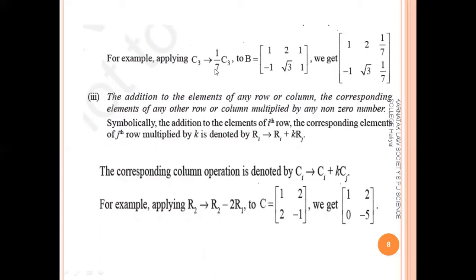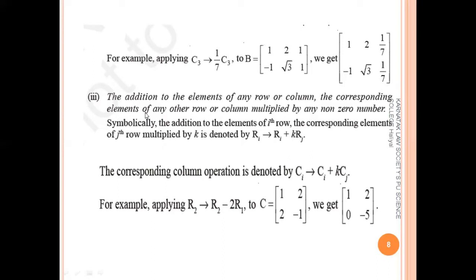C3 → (1/7)C3 means that for the C3 column you need to multiply it by 1/7. The remaining two columns we write as they are: 1, 1, 2 and -1, √3. For the third column we multiply by 1/7, so 1/7 and 1/7. Similarly, if you need to do a row operation, you multiply the row, meaning whichever row you need to operate on.